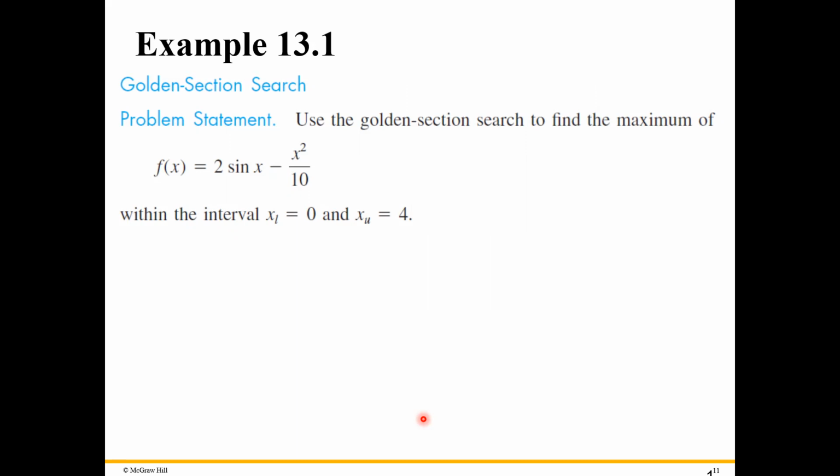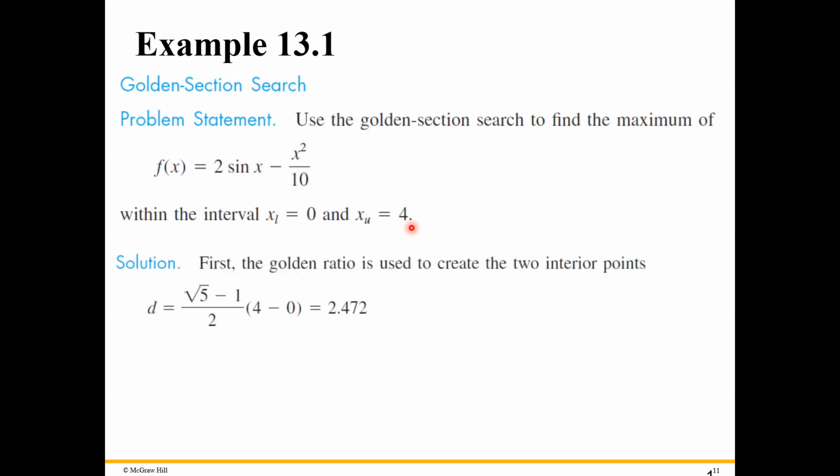Suppose we have the function 2 sine x minus x squared over 10, and we want to find the maximum of this function between the extreme values of 0 and 4. Then, using the golden section search method, how can we find it?